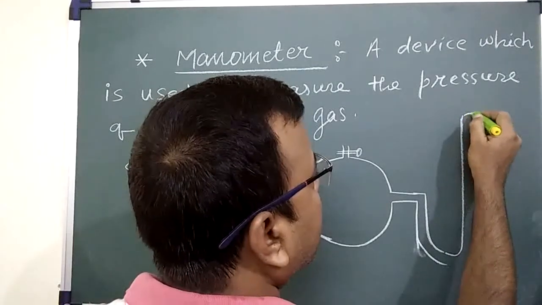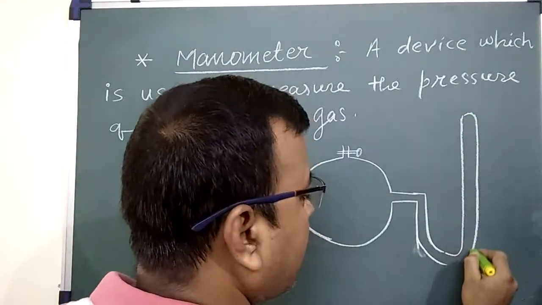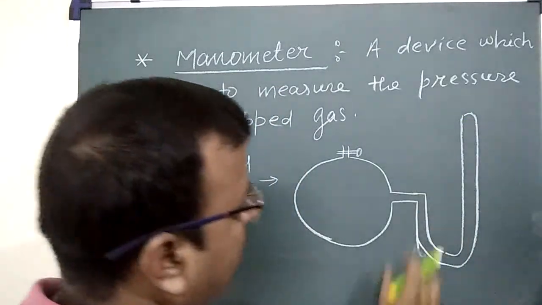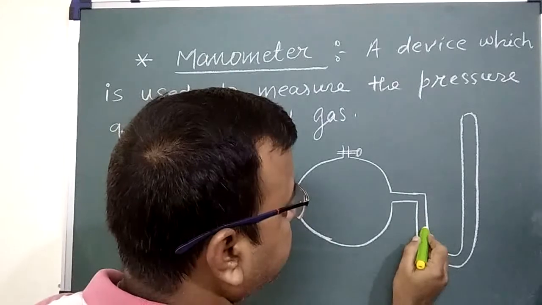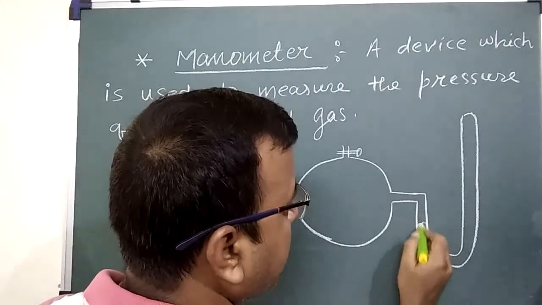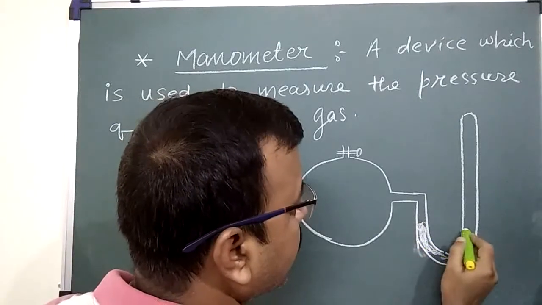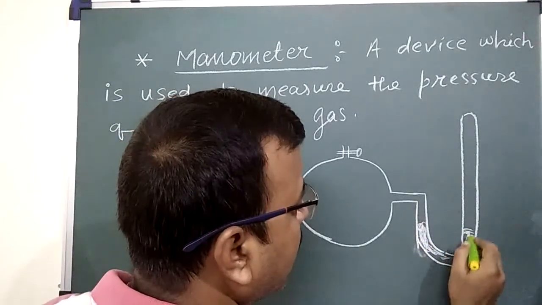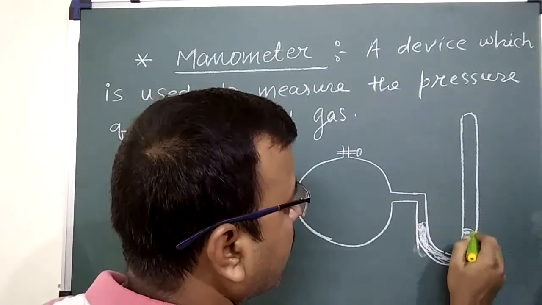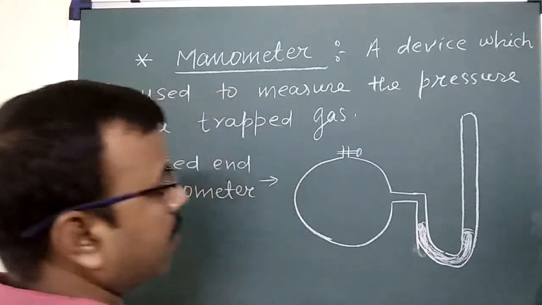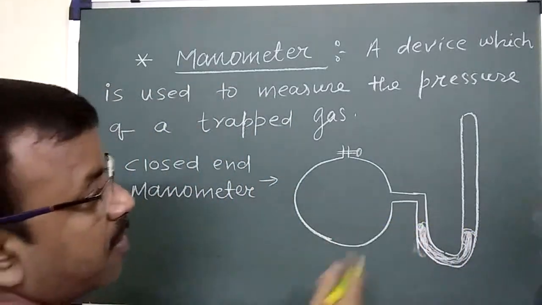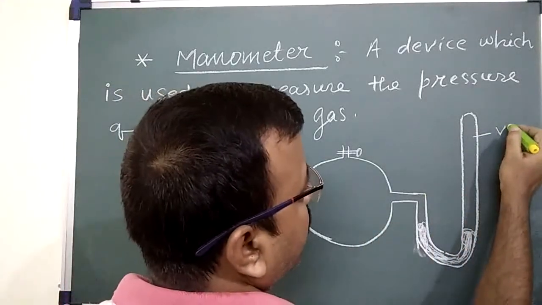Here you see, the right limb of this U tube is closed, and in this mercury is filled. When we put mercury in the limb, then this part is vacuum.